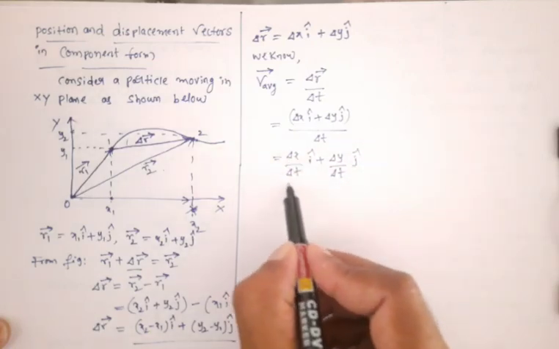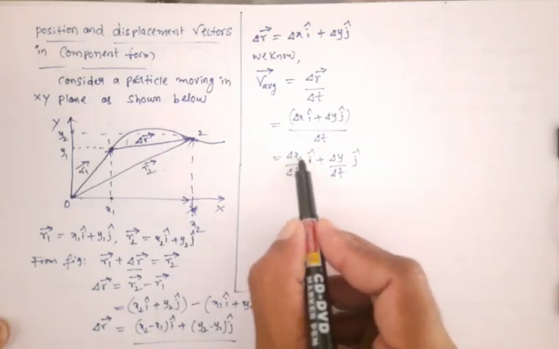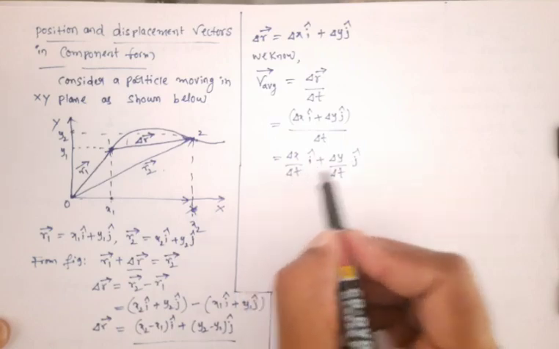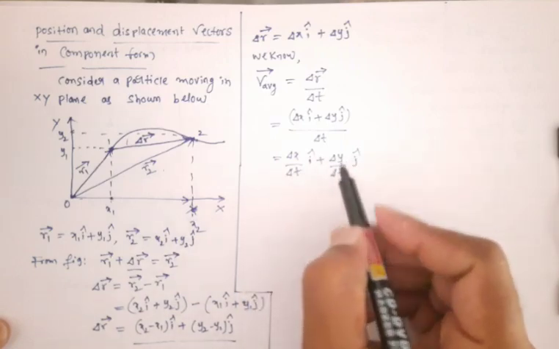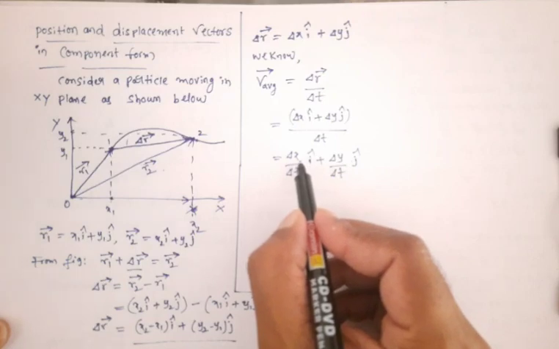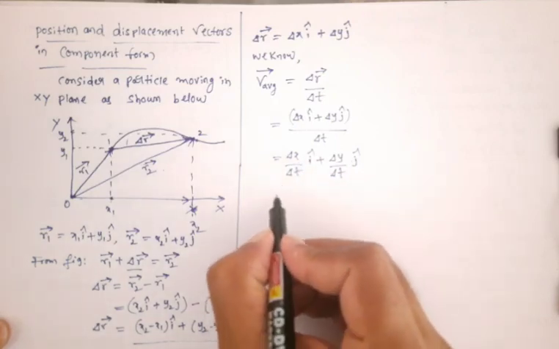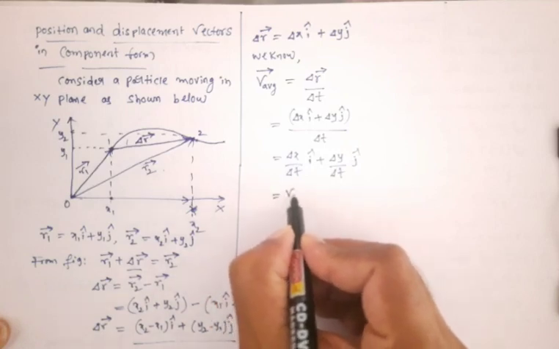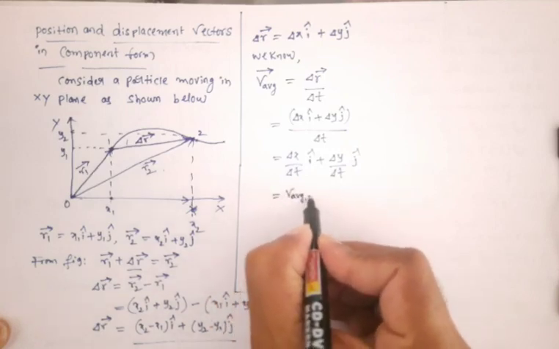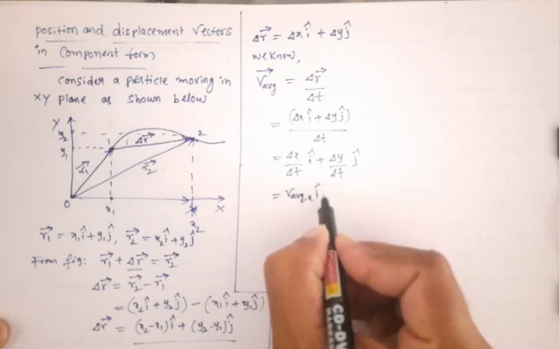Delta x, the displacement in x direction, divided by time taken indicates the average velocity in x direction, V average in x direction into i cap.